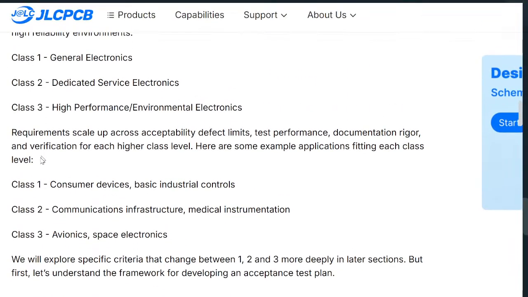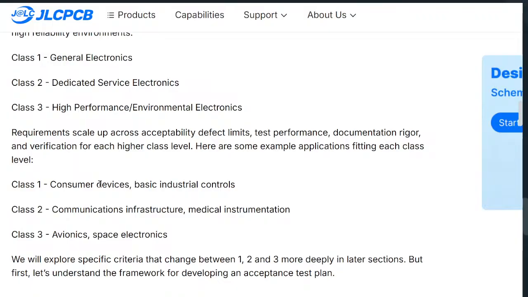Class 1 principles are used for consumer devices that we use in day-to-day life, and basic industrial control. Class 2 is used in communications, infrastructure and medical instruments, where failure is not acceptable. Let's say you're working on some automated heart surgery machine.